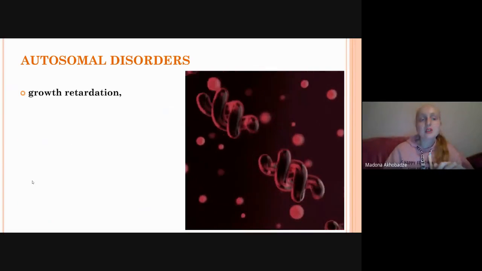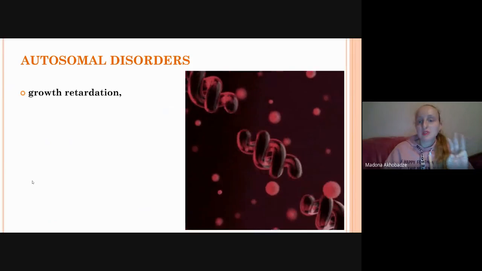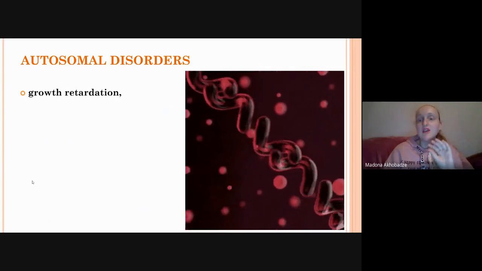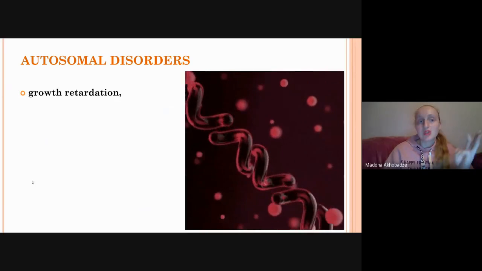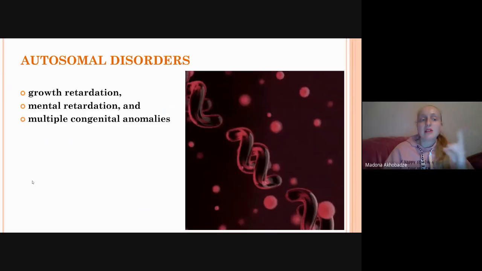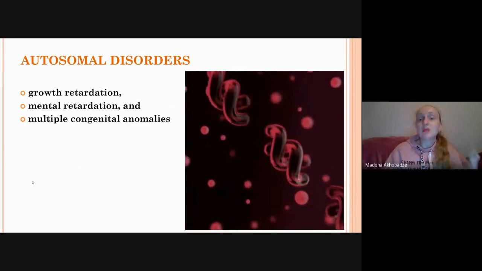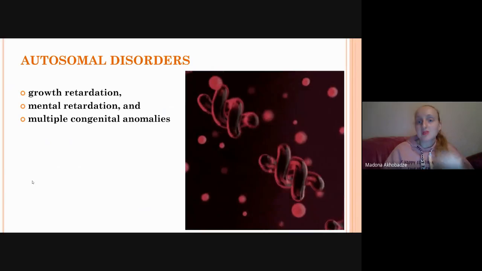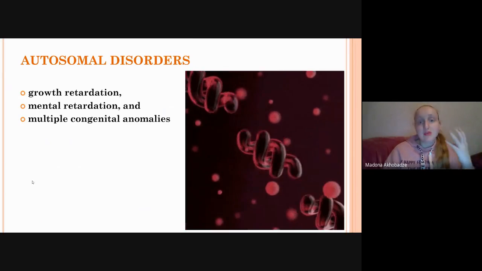All these autosomal disorders, trisomies Down, Patau, Edwards, have common features: growth retardation, mental retardation, and multiple congenital anomalies present at birth, detectable, observable, and recognizable abnormalities.